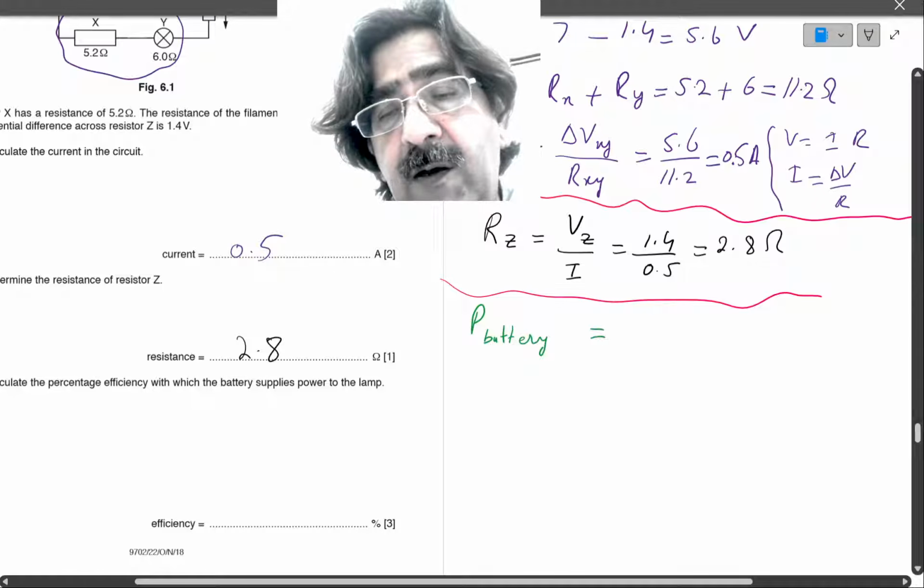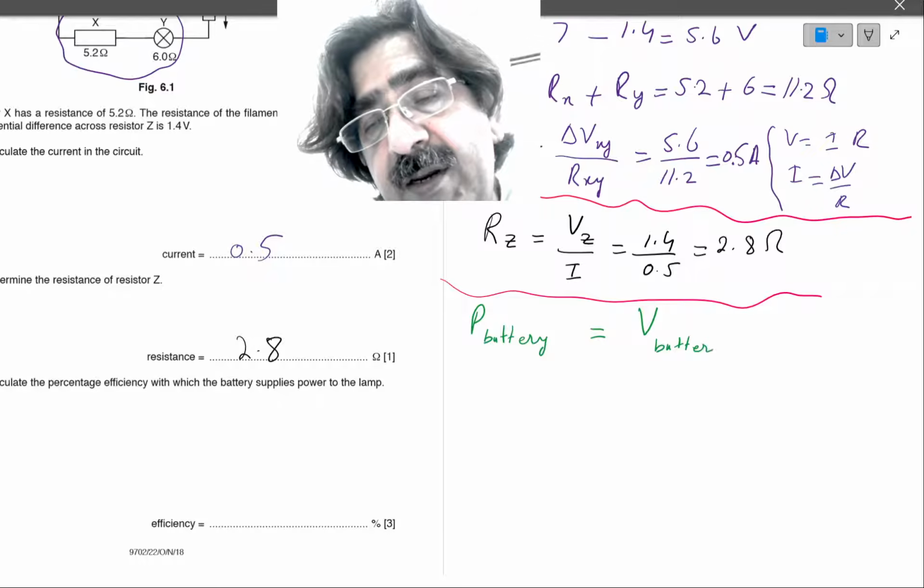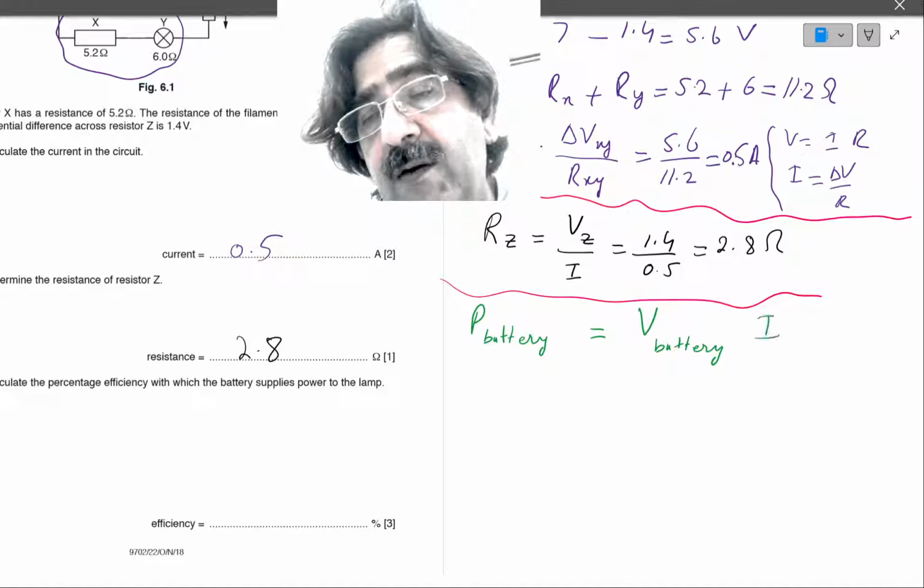Battery power is V battery multiplied by current.